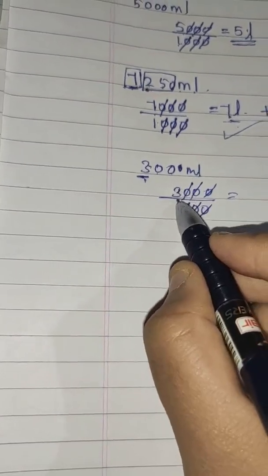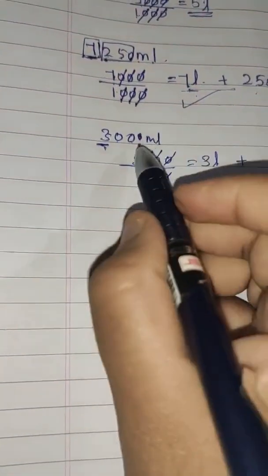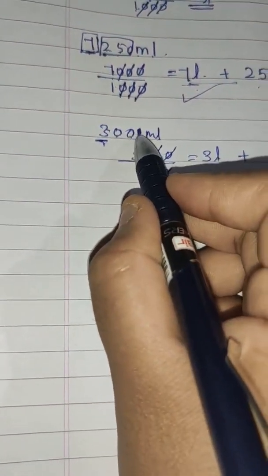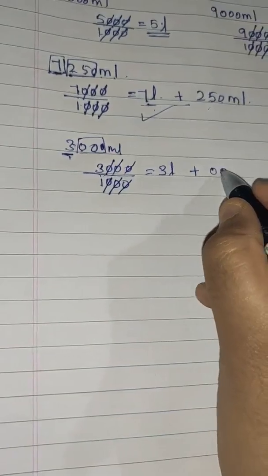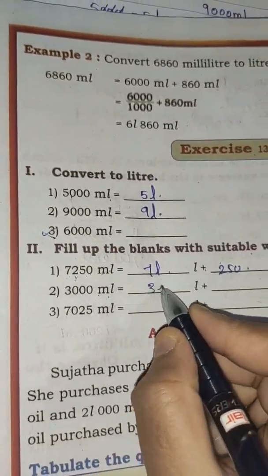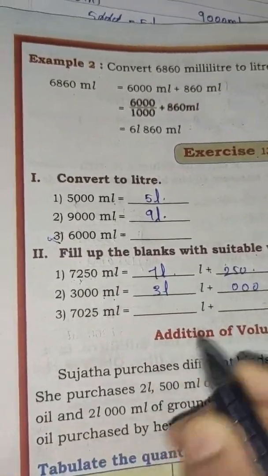What's the answer here? 3 by 1 means it is 3. Yes. So 3 liter plus 0 0 0 ml. So what is the answer here? 3 liter 0 0 0 ml.